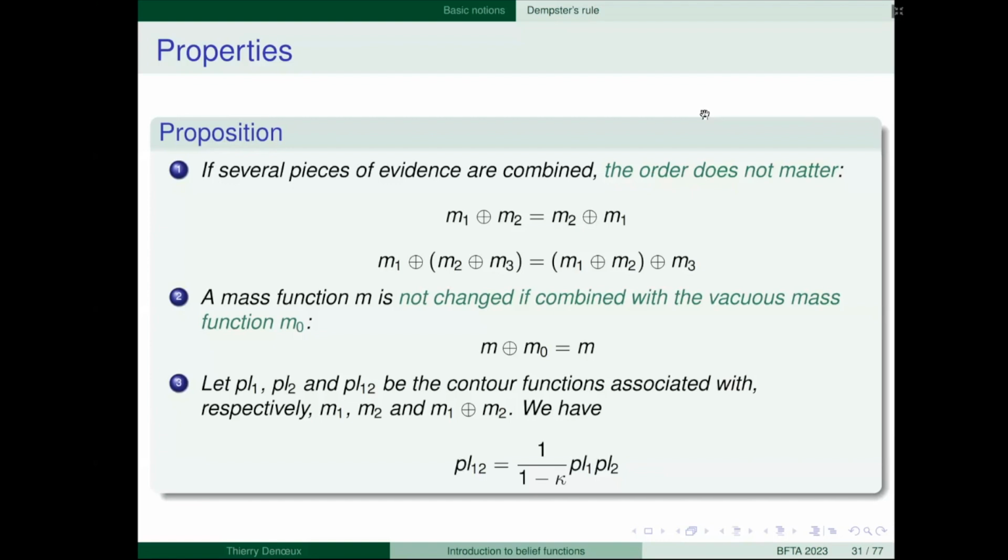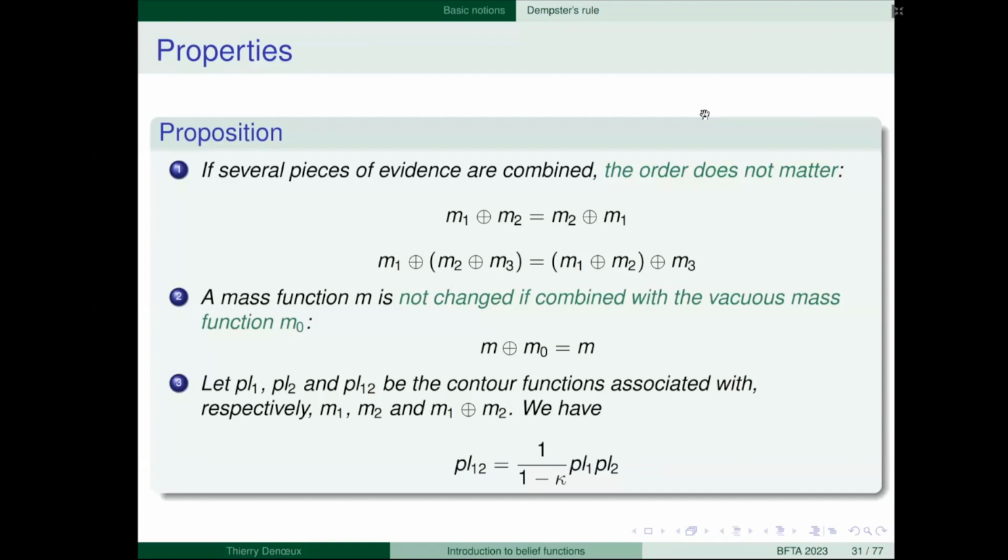And then we have this very important property, which I ask you to remember because I will use it later today and also tomorrow, and maybe it will be used also later in other lectures. Assume that you call PL1, PL2 the contour functions corresponding to M1, M2. Remember, the contour function gives the plausibility of any single element. And you call PL1,2 the contour function corresponding to M1 combined with M2.